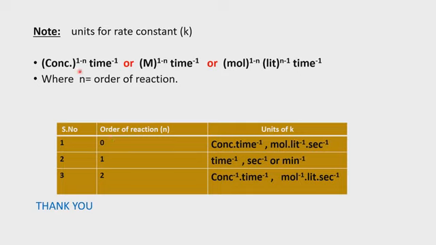If you put n equal to 1, then it is 1 minus 1, 0. So for a zero order reaction, this is the unit. For a first order reaction, this is the unit. For a second order reaction, this is the unit of k.